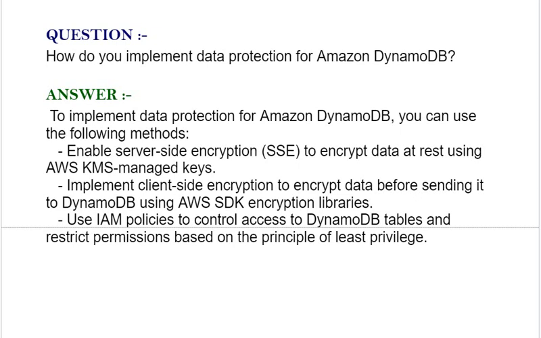Implement client-side encryption to encrypt data before sending it to DynamoDB using AWS SDK encryption libraries. Use IAM policies to control access to DynamoDB tables and restrict permissions based on the principle of least privilege.